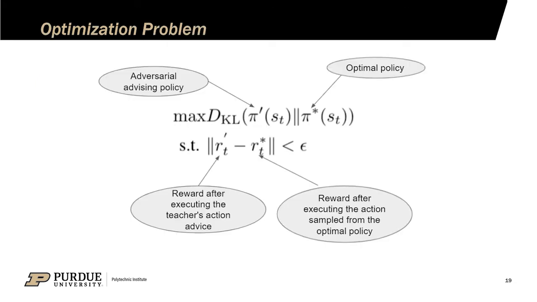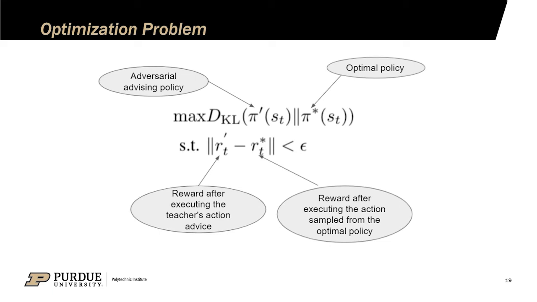Now we formulate the poisoning attack as an optimization problem. The objective function is to maximize the KL divergence between the adversarial advising policy and the optimal policy.